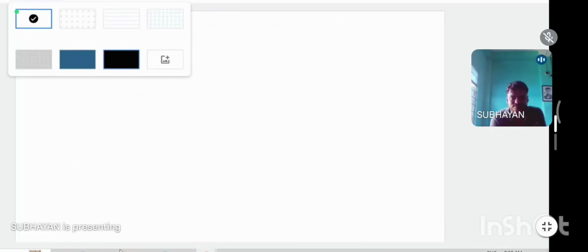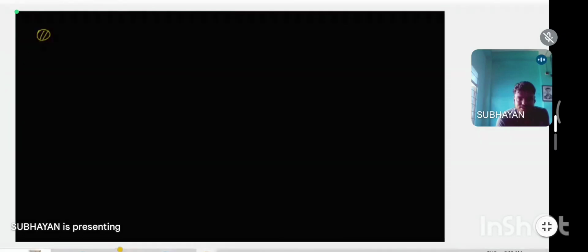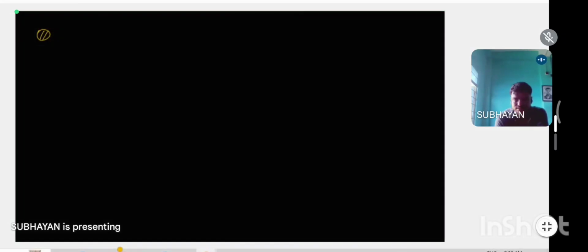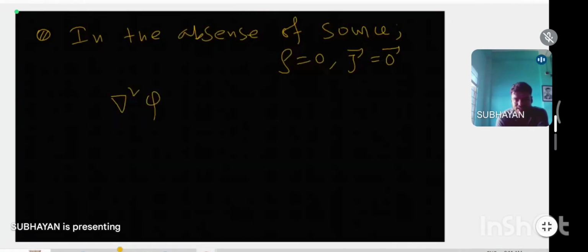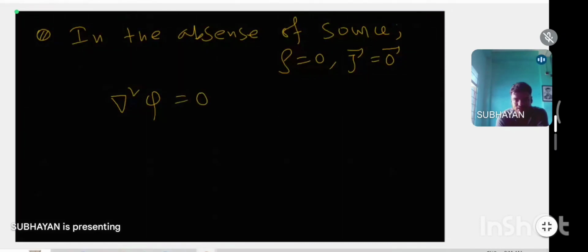And if you nullify the sources, in the absence of sources, that means rho equals 0, J equals 0, this equation will lead to grad square phi equal to 0 and grad square A equal to 0. These are called the Laplace equation.